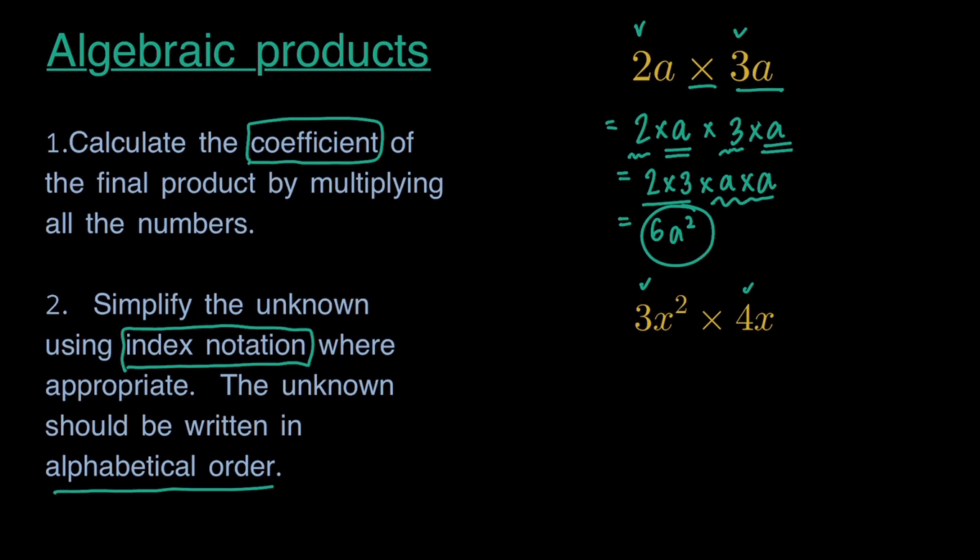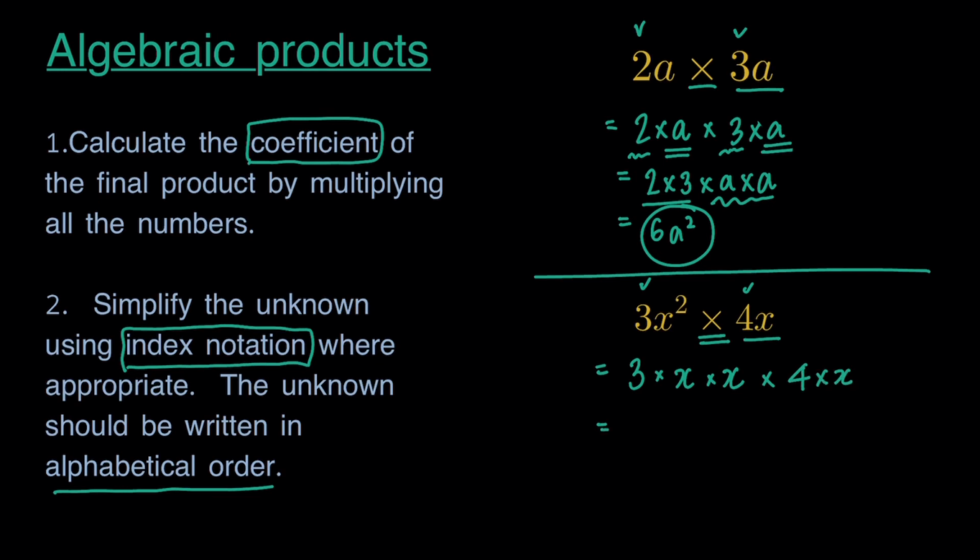Next example is 3x squared times 4x. So once again, expand it. 3x squared means 3 times x times x, the times sign, times 4x is 4 times x.